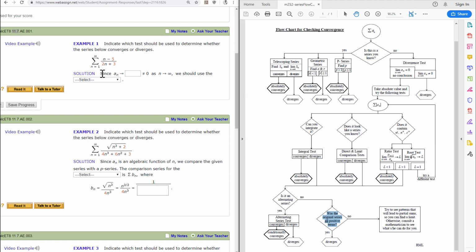Let's take a look at a couple of problems here. Here is the first series. We should determine whether the series converges or diverges. I'm looking at the same power for the numerator as for the denominator. It's a rational function, with polynomials on top and bottom, and they're both linear.